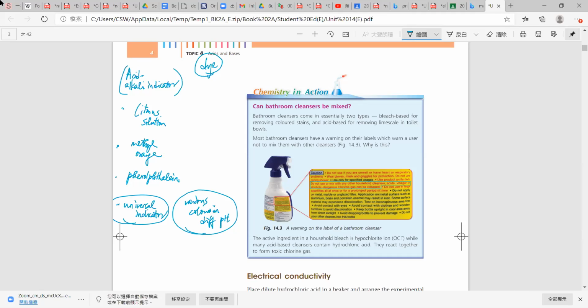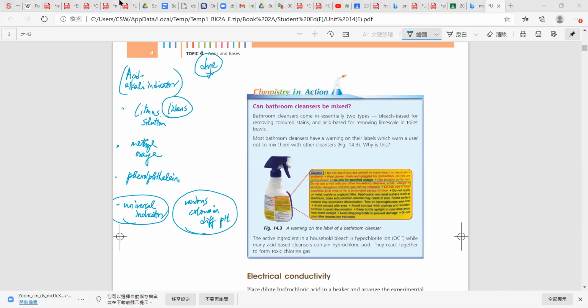So it originally comes from the word litmus. It comes from the dye in lichens. Do you know what that is? Do you know what is meant by lichens? 知唔知咩㗎? The one you may find in the countryside.